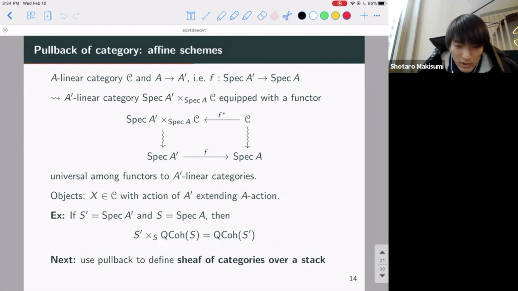So I'm not giving very much detail, but the important thing is that this resulting category is universal among A prime linear categories admitting a functor from C. And the most important example here, if I take quasi-coherent sheaves, then it behaves in this nice way.